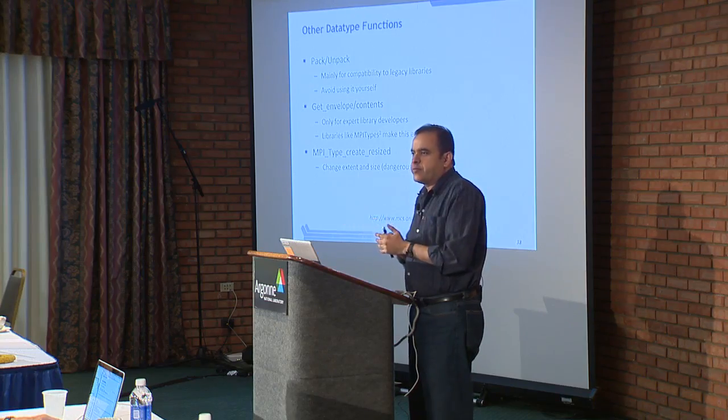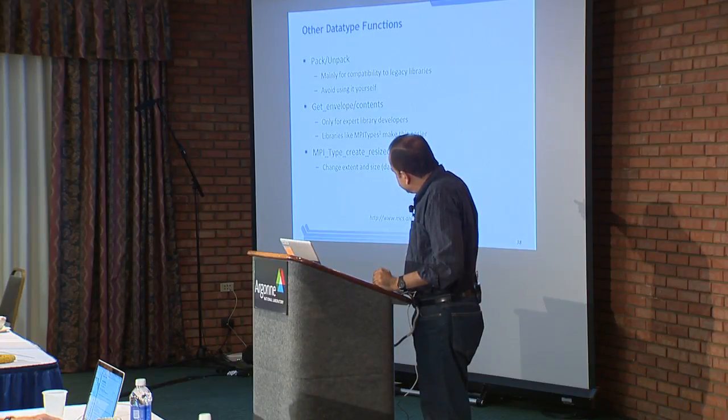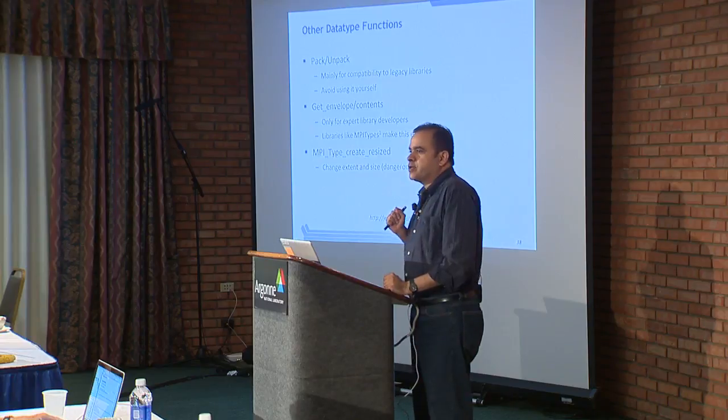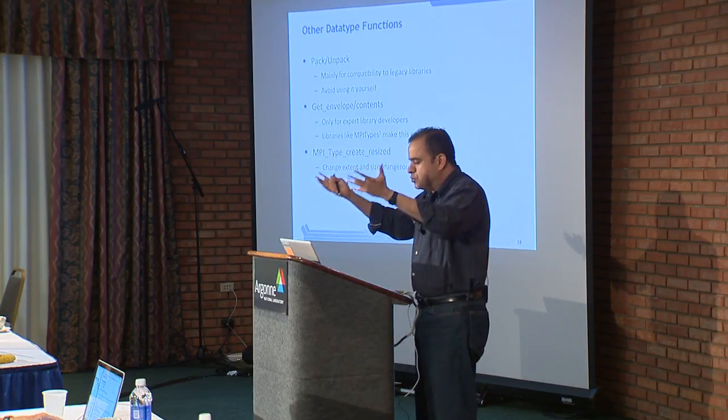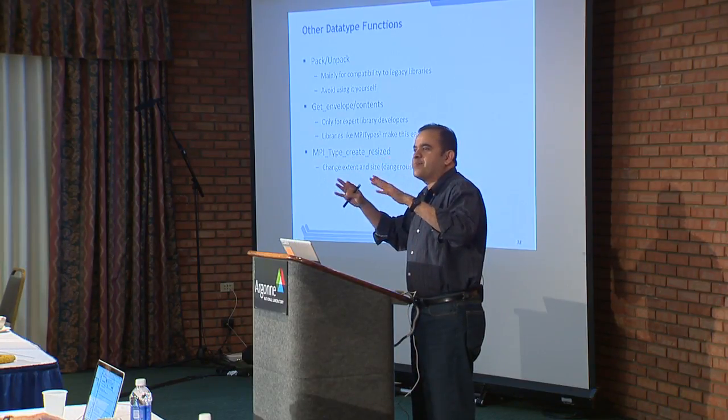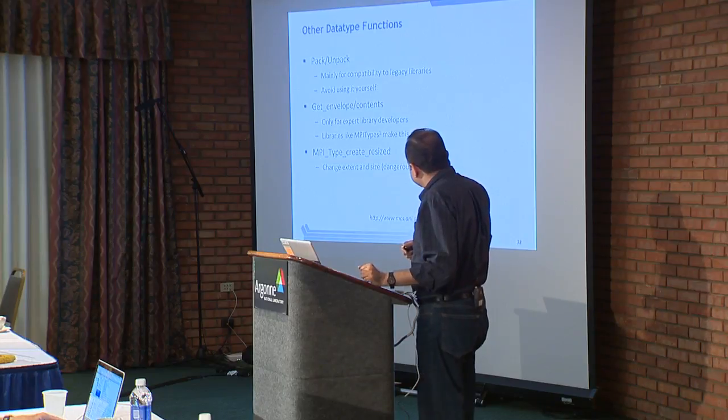How do I know what that represents? So there are two functions, MPI type get envelope and MPI type get contents, that allow you to unwrap or figure out what that data type is about. So it's effectively the opposite of constructing the data type. It deconstructs the data type in a particular way and tells you how the data type was constructed. So it's more useful for library writers than application writers.